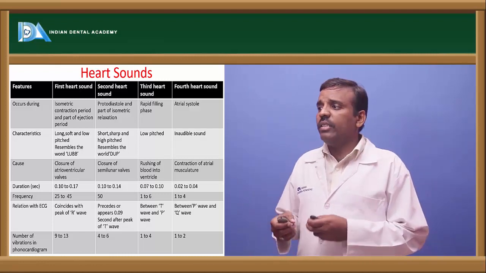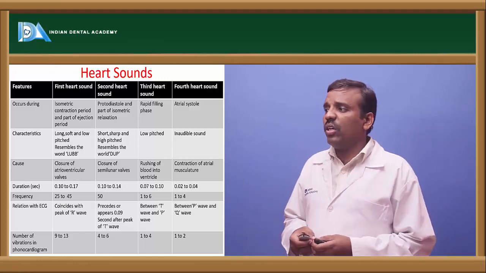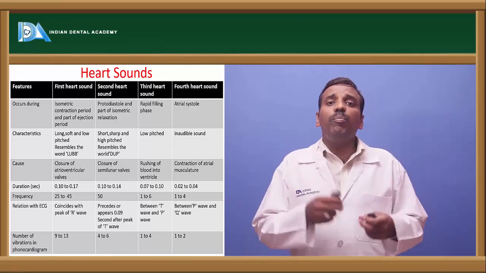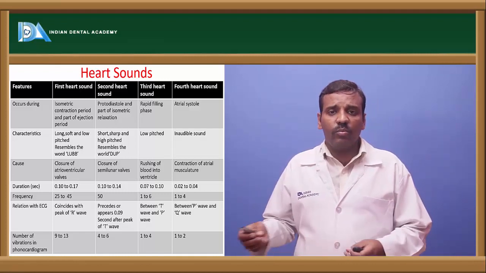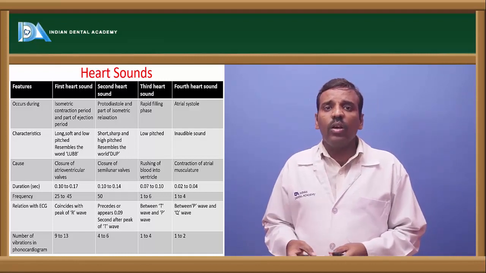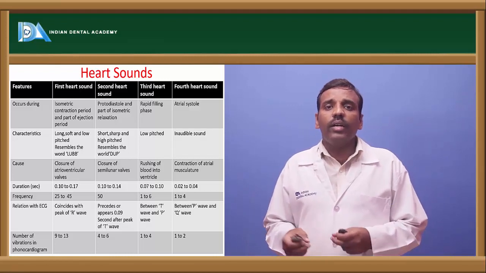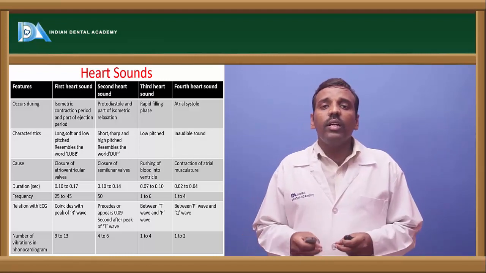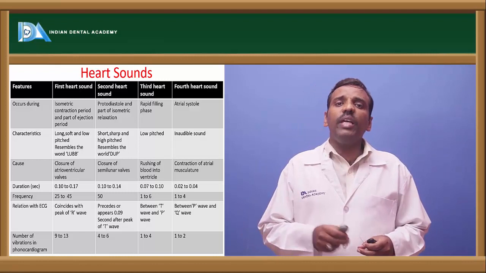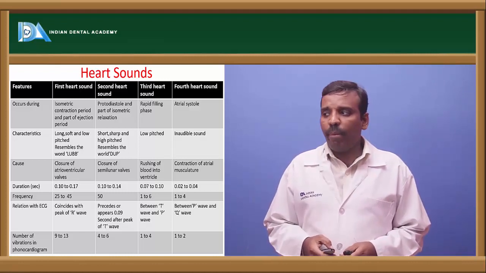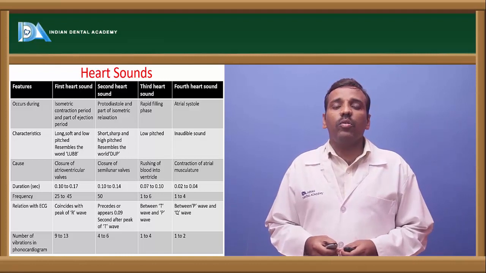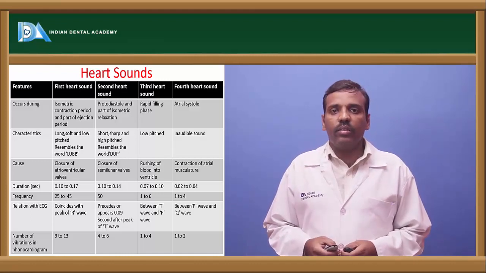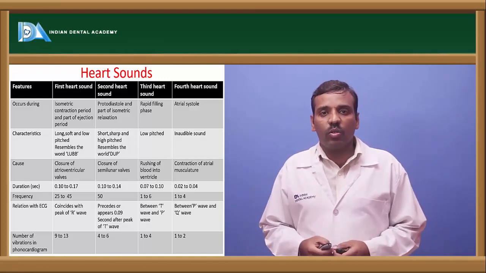The relation with the ECG is the peak of the R wave. Later on we'll come to know what the ECG waves are, but just remember that it is considered as the peak of the R wave, and the number of vibrations in the phonogram is about 9 to 13. This is about the first heart sound.